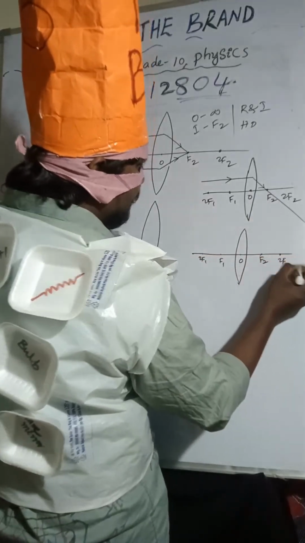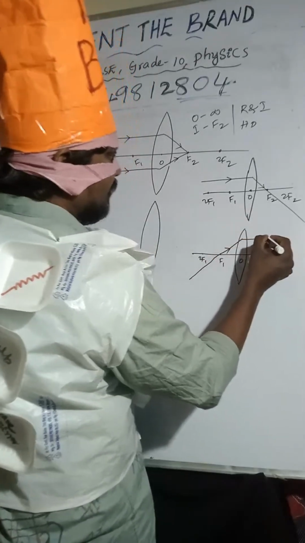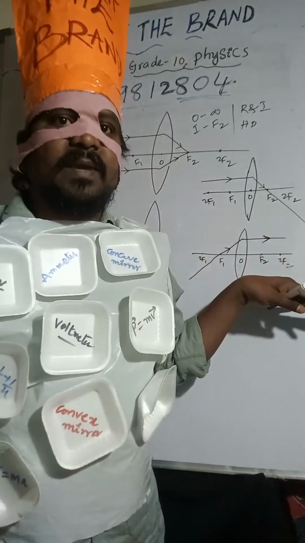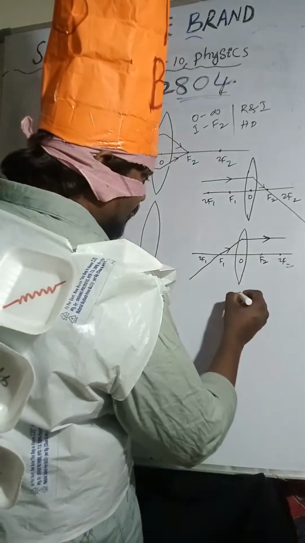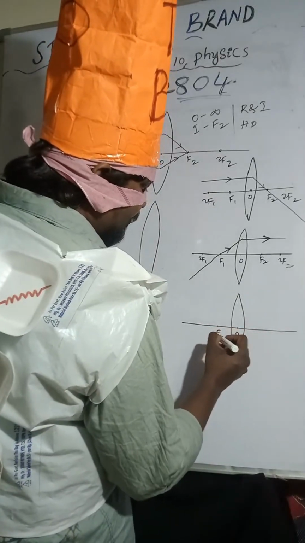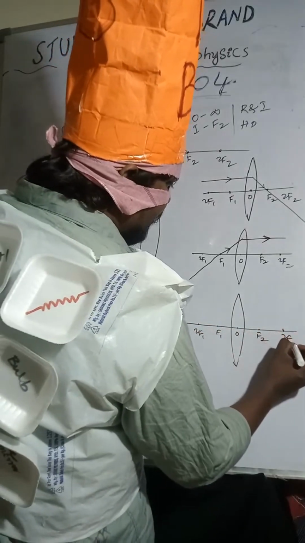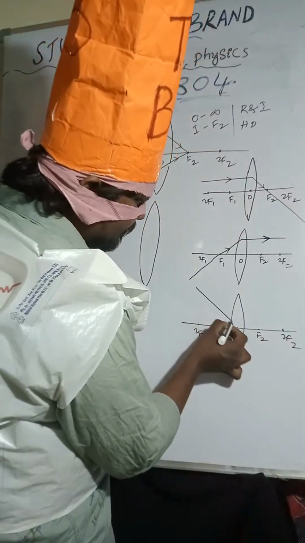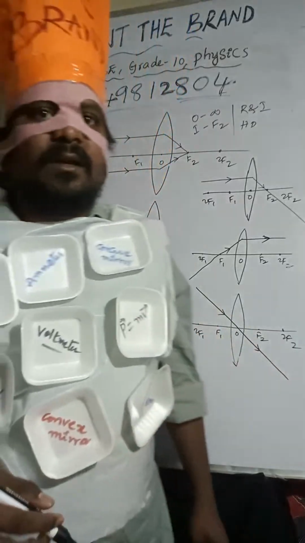Another light ray I am taking like this, after refraction it passes towards infinity parallel to the principal axis. And one more ray, I'm taking like this. The light ray is passing through the optic center, no deviation takes place.